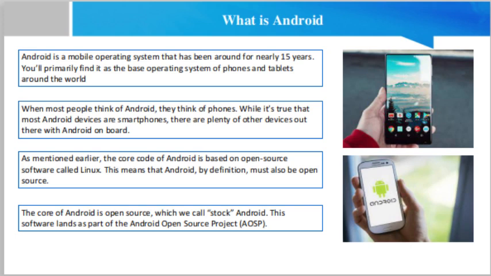This means that Android by definition must also be open source. To better understand this, let's look at the opposite: closed source software. Apple's iOS is closed source, which means that no one can use it unless the copyright holder, in this case Apple, gives permission.